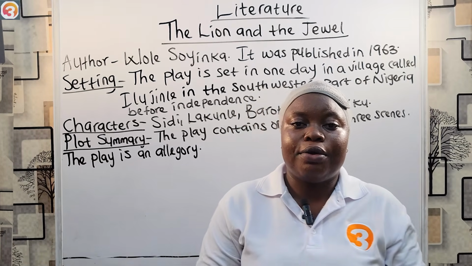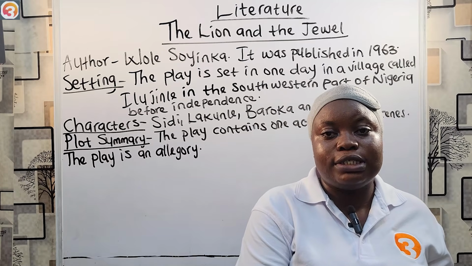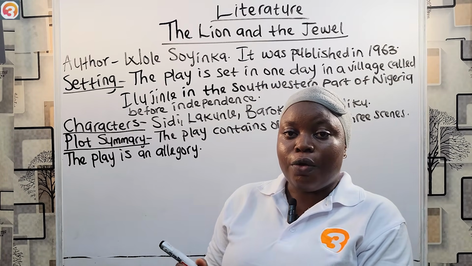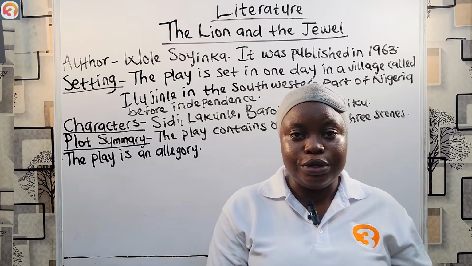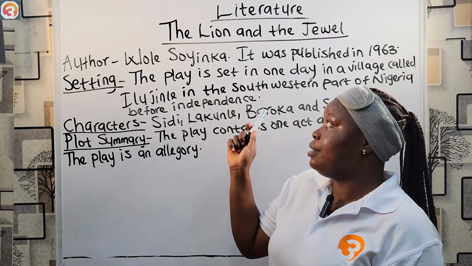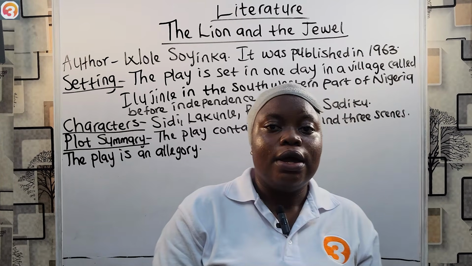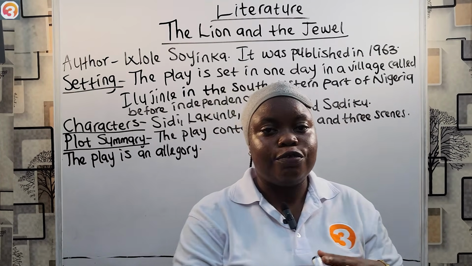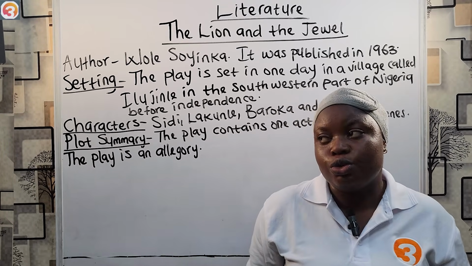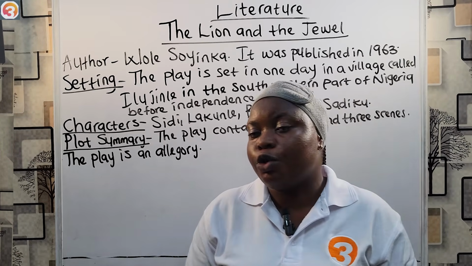So the triumph of Baroka in the end to win Sidi over signifies the superiority of tradition over modernity. The writer is assuring us that we haven't lost it. We've not totally discarded our traditions and picked the foreign culture.